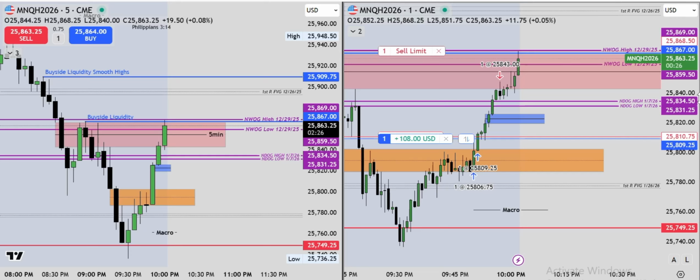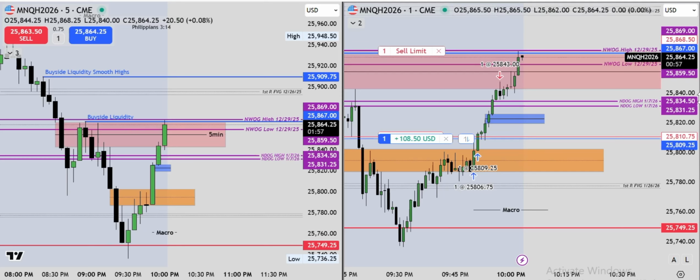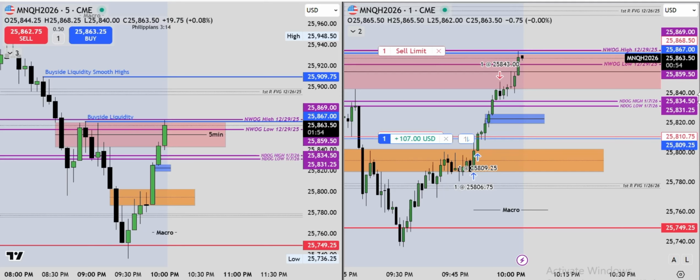We might be a tick away from hitting my limit, but I'm confident. I'm not trying to jam my stop up or anything. I know we're gonna run through that. And because we have that new week opening gap up there, the high, it's very sensitive. So I'm confident that price is gonna run up there and tag that limit order.